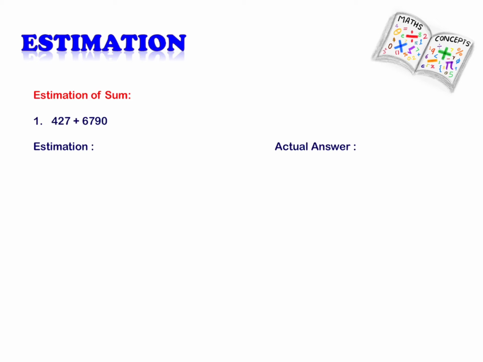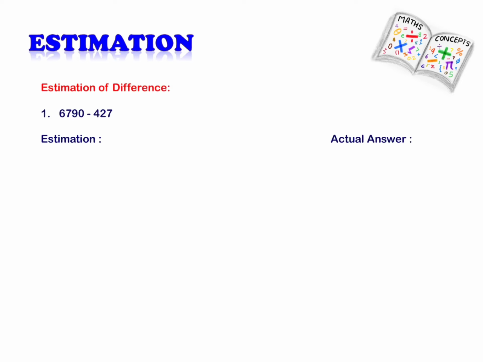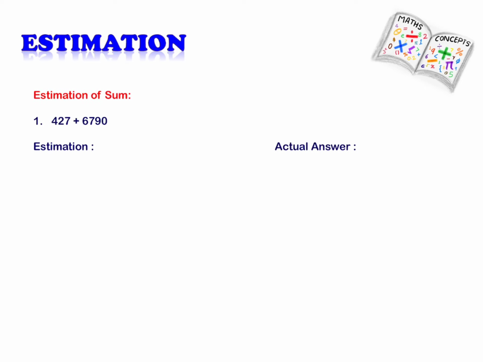Right now we are going to take a few examples for estimation of sum, estimation of difference, estimation of multiplication using generic rule. Here let's consider these two numbers. So we are going to use generic rule. So 427 will become 400, that is nearest 100, and 6790 will become 7000, nearest thousands.